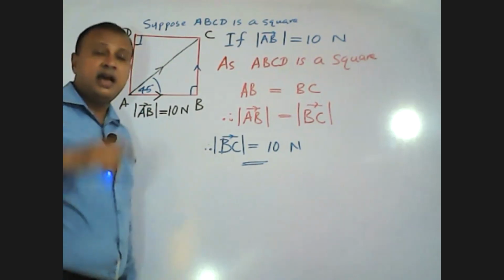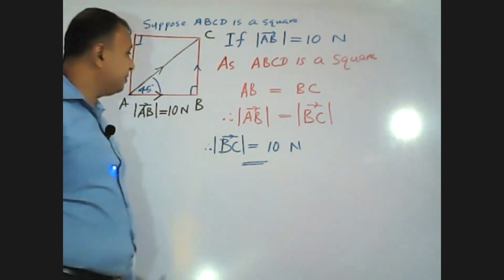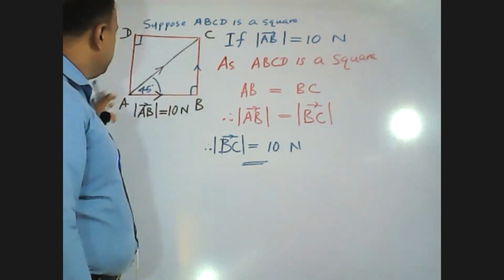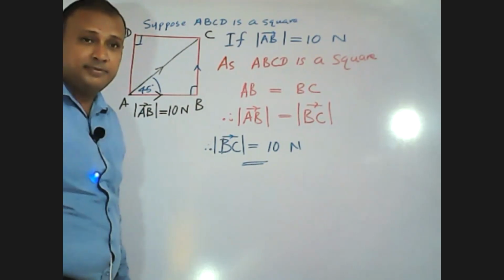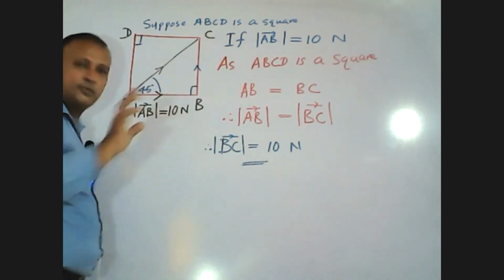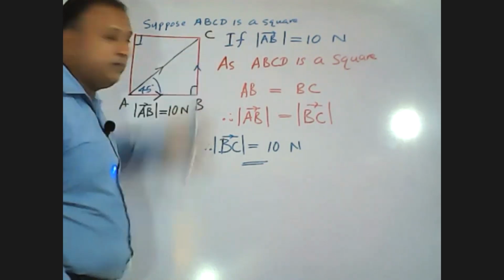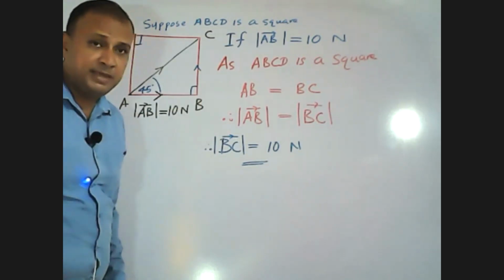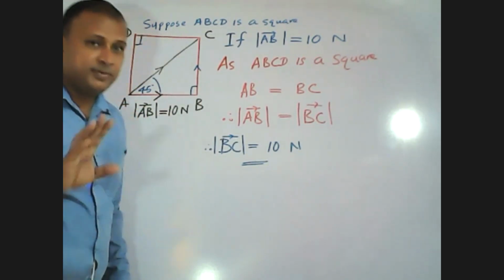Now I will teach you another method to find BC and AC. In this case, it is very easy because ABC is a square, so you can see AB equals BC. But this method is a very important method.